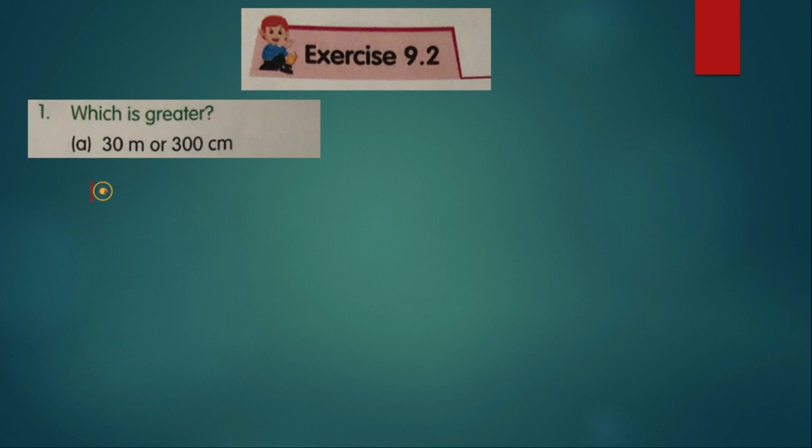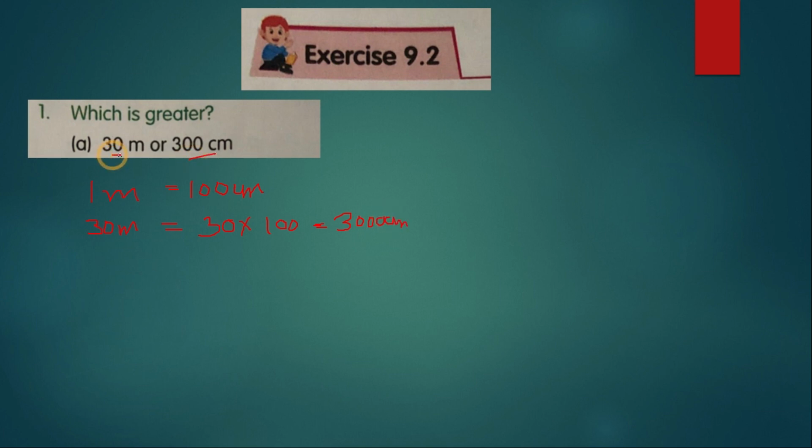1 meter is equal to 100 centimeter. So when we see 30 meters, 30 meter will be equal to, yes, you are right, you have to multiply 30 by 100. So you will get 3000 centimeter. So now you have both the numbers.